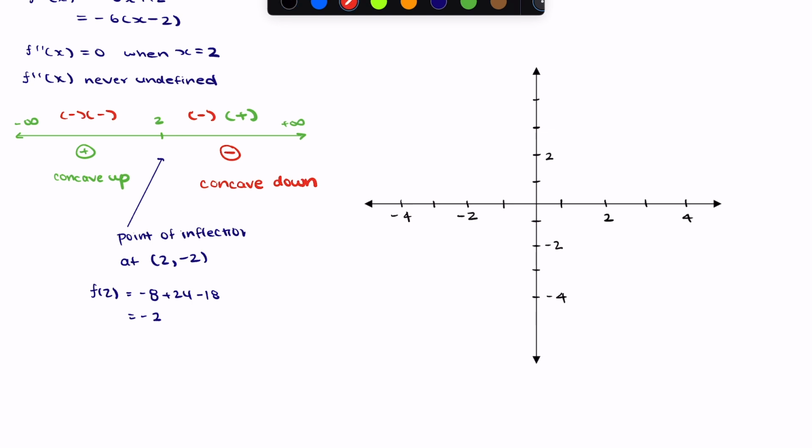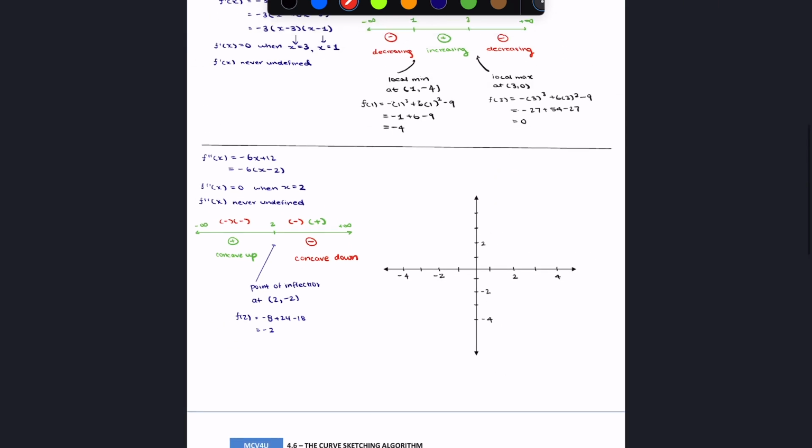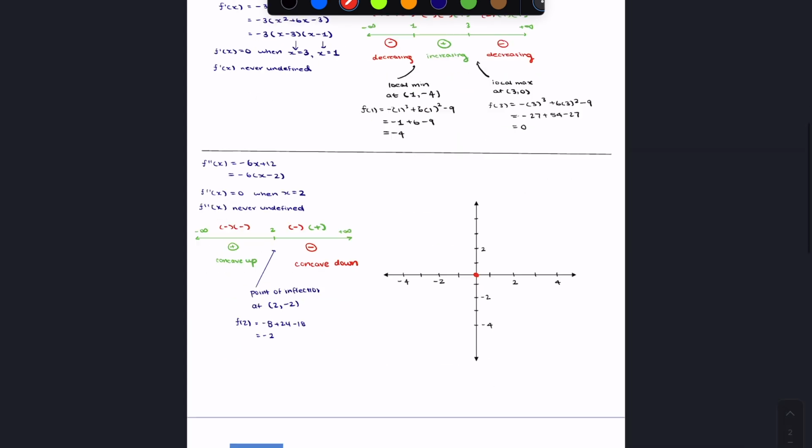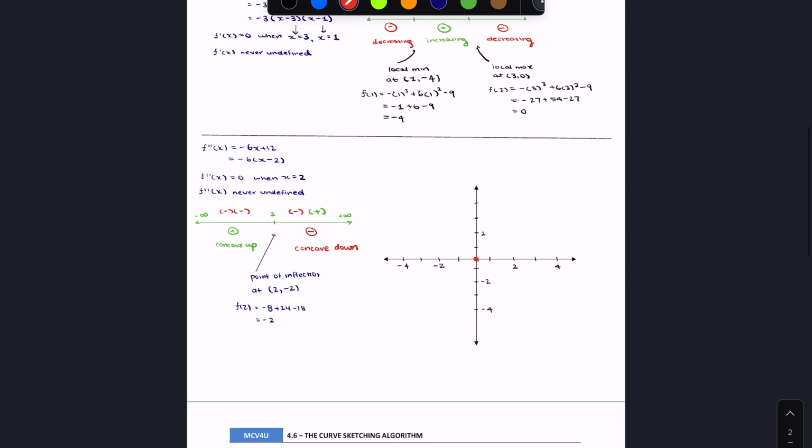So here, if we look at the information that we're given, so if I zoom out here a little bit, let's look at what information we're given. First, we know that we have a y-intercept at 0, 0. So let's put that at 0, 0. We know we have a couple of points from our first derivative.